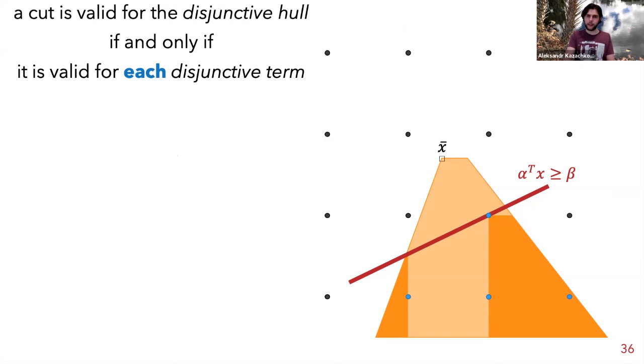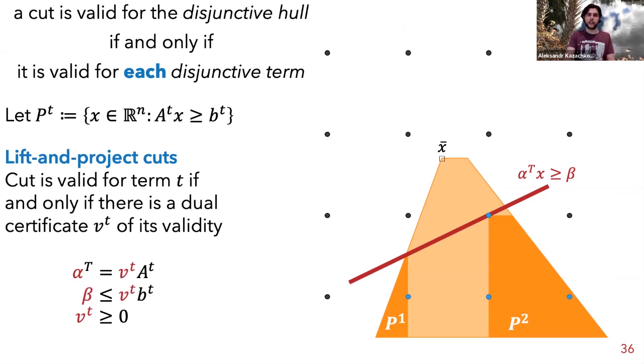And taking that observation, each of those disjunctive terms, that's the disjunctive term t, is denoted by P superscript t, and it has this inequality form. Then lift and project cuts, which are kind of the baseline that we tend to compare against, use this observation the following way.